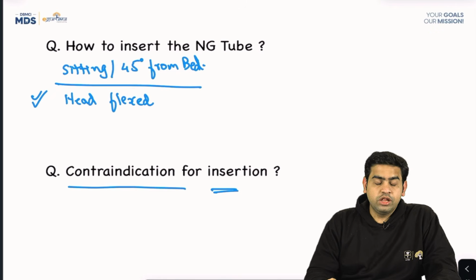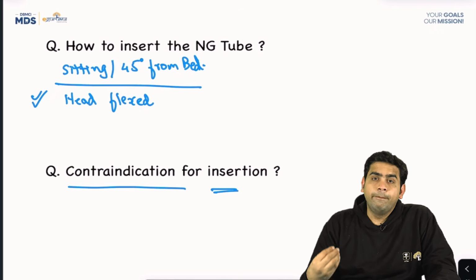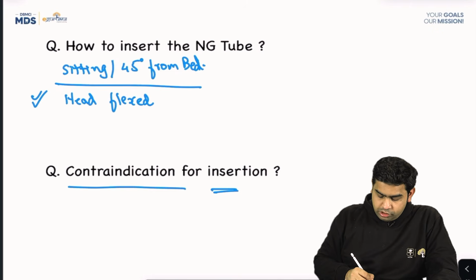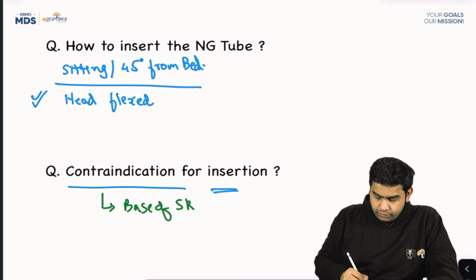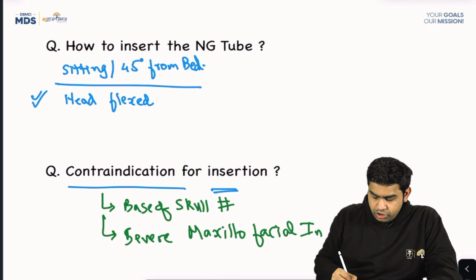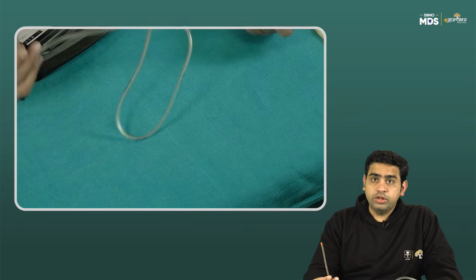For example, severe maxillofacial injury, or if you suspect that the patient might have a base of the skull fracture, in these patients it is contraindicated to put the nasogastric tube. Perfect. Okay, so that is all about the nasogastric tube.